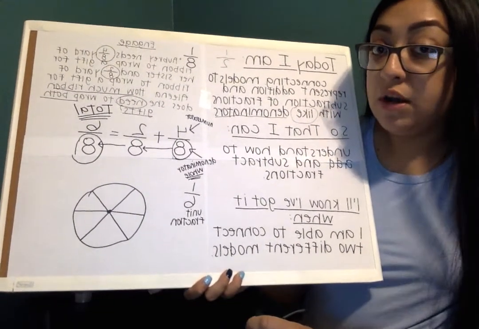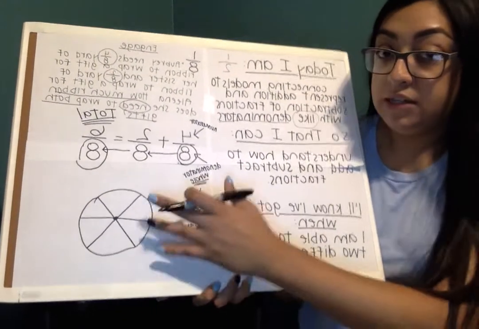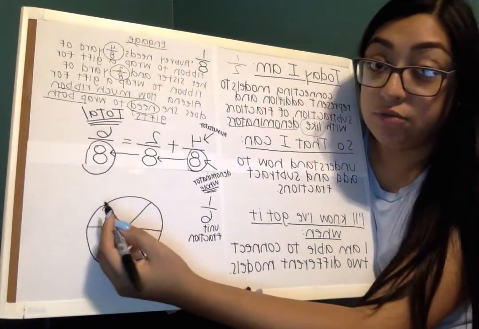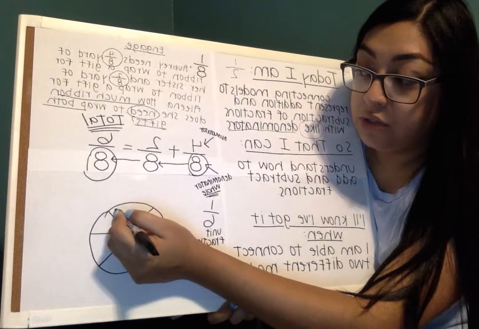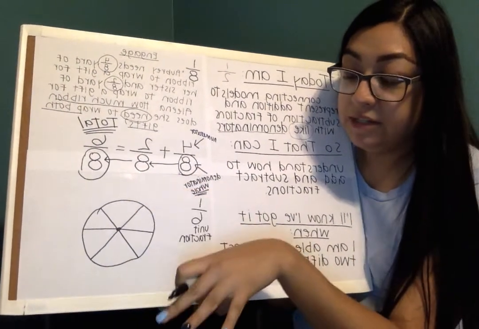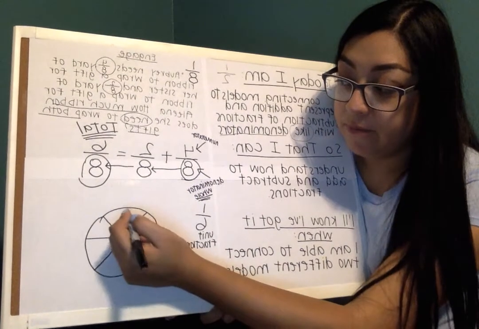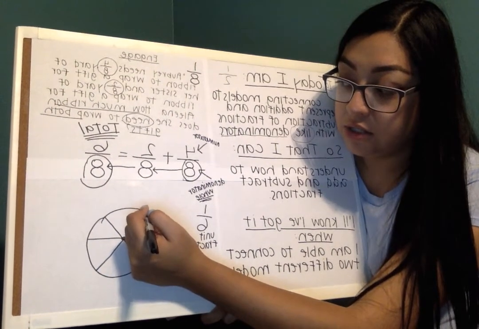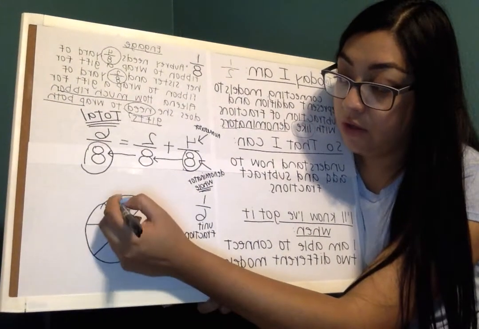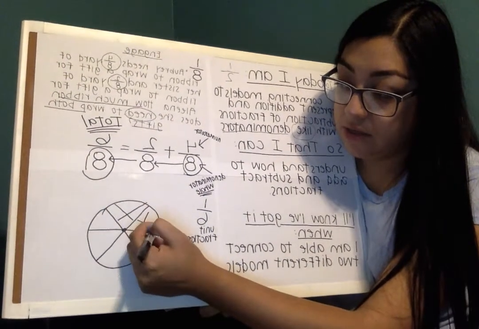So Darren ordered a small pizza, which was cut into 6 equal slices. He ate 2. So let's take away those 2. Any 2 that you want from your manipulative and the piece that's in front of you. Take 2 off. Ms. Vicky is going to just take these off and cross them off because they're not there anymore.